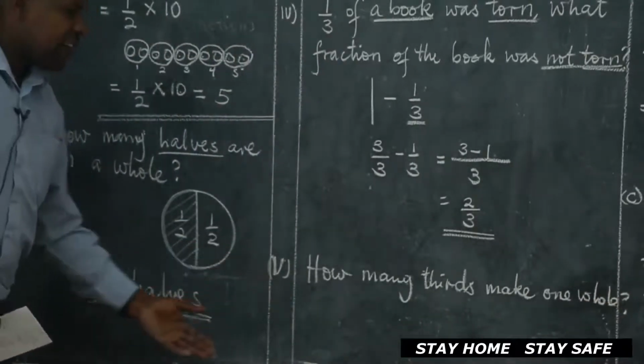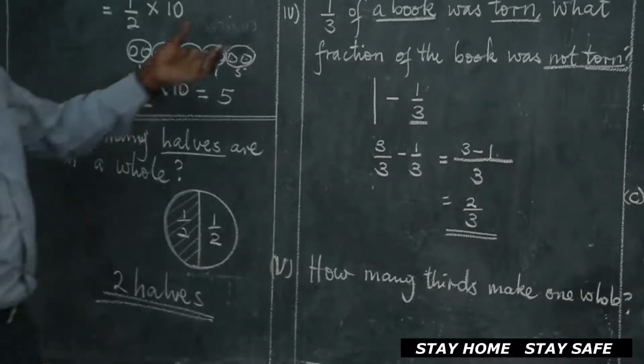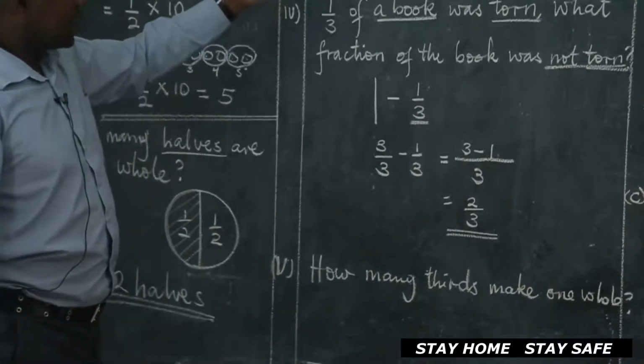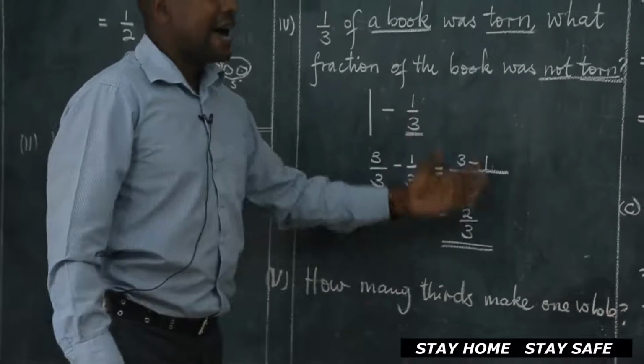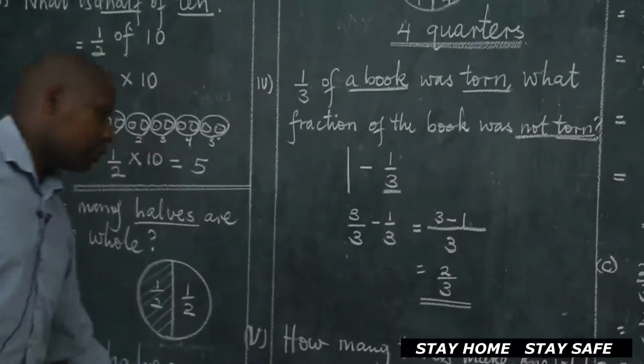When you look at Roman 5, I'm not far from Roman 2 and Roman 4. It is the same to say how many thirds are in a whole. How many thirds make one whole?